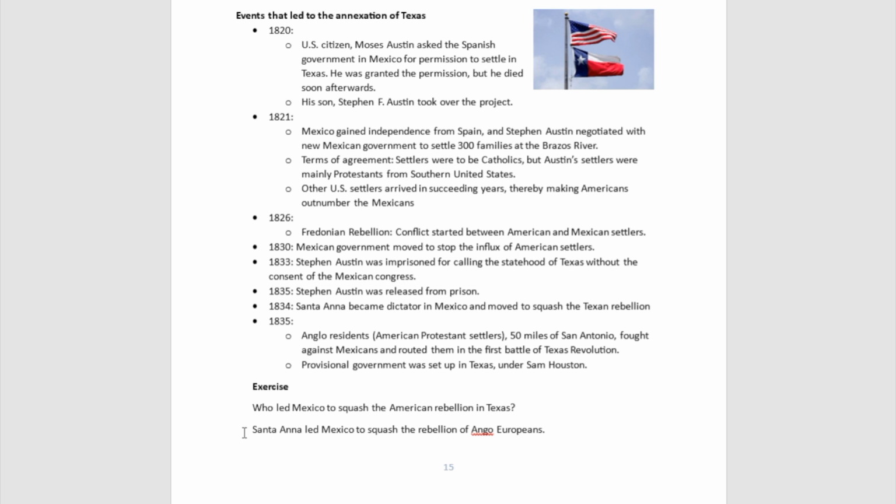But then Sam Houston, maybe like 6 weeks later, led a counter war against Santa Anna and defeated him.